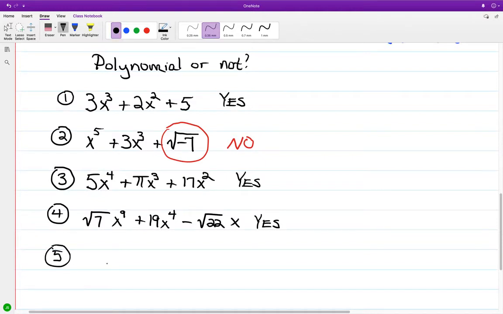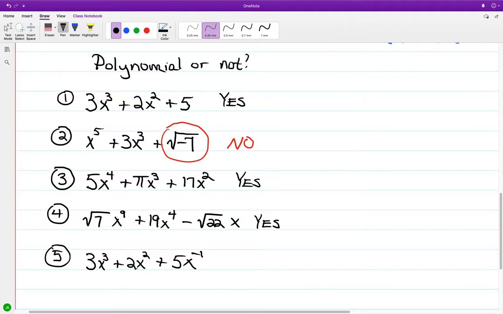And let's say we have an expression, 3x cubed plus 2x squared plus 5 times x to the -1. All right, so we have 3, 2, and 5. So on the side of real coefficients, that test is passed.